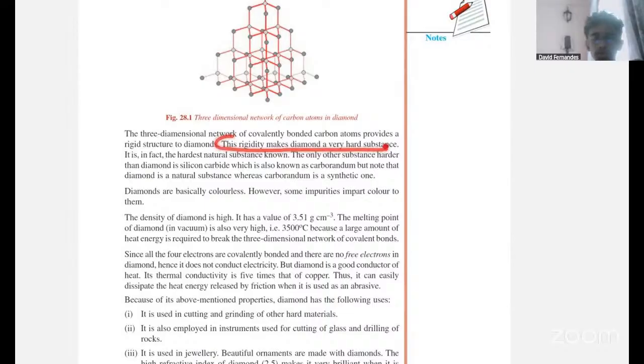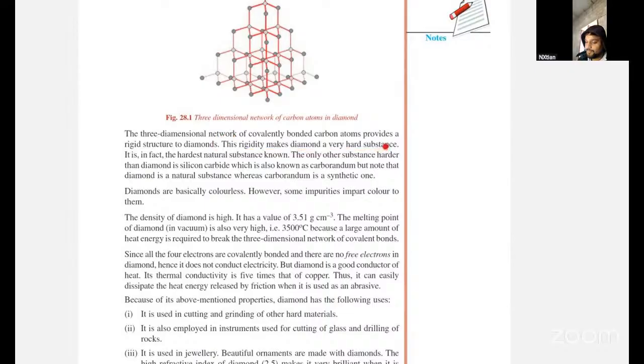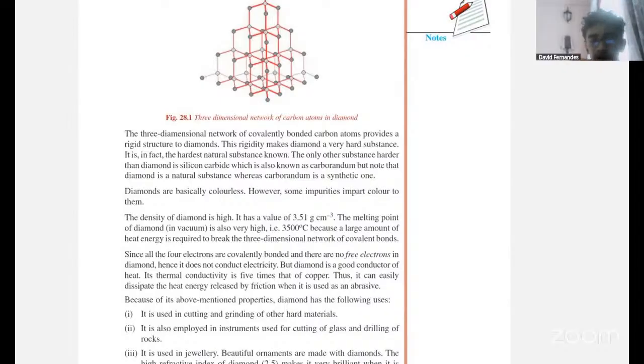This rigidity makes diamonds a very hard substance. It is, in fact, the hardest natural substance known. The only other substance harder than diamond is silicon carbide, which is also known as carborundum. But note that diamond is a natural substance, whereas carborundum is a synthetic one.